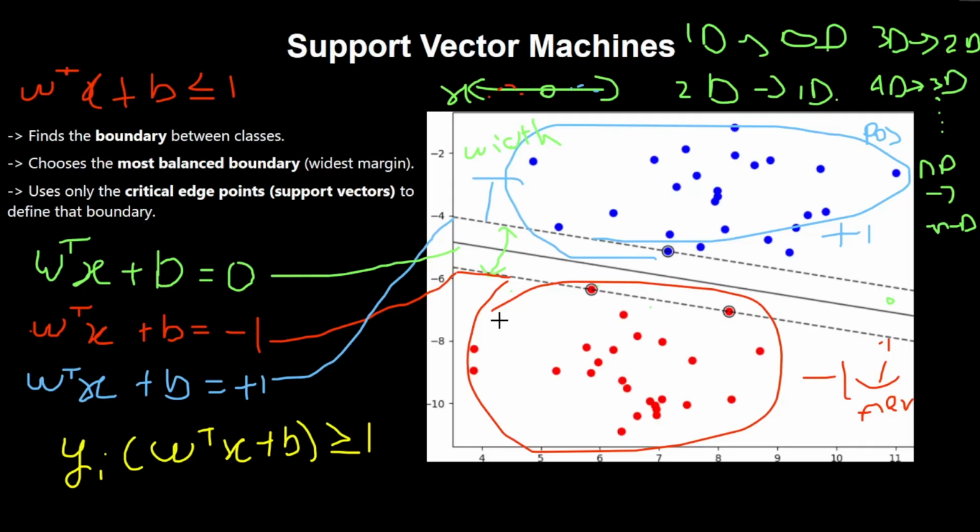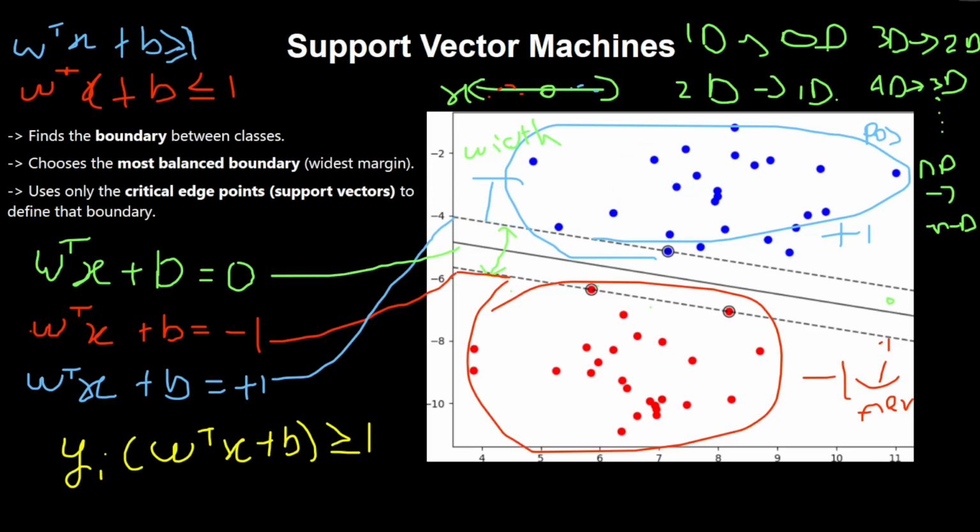So for the negative side of this graph, the data points must satisfy this equation so that they can be negative. Similarly for positive, they must satisfy this equation, that is they must be greater than or equal to 1, which is from this line and above. So this is the condition for the data point.